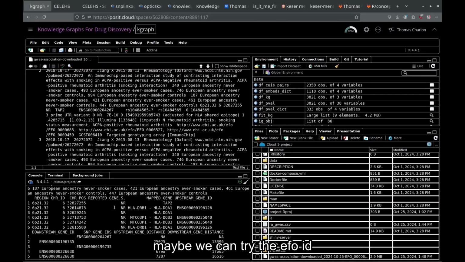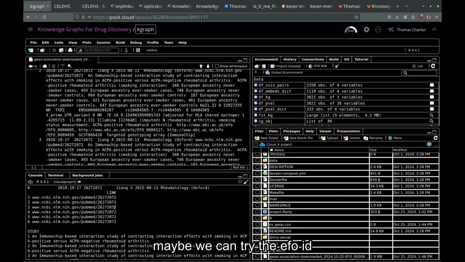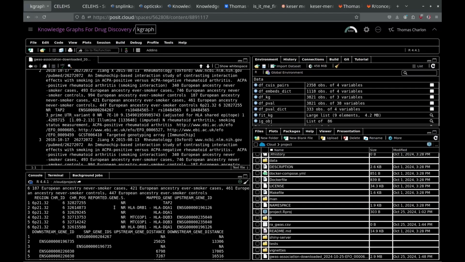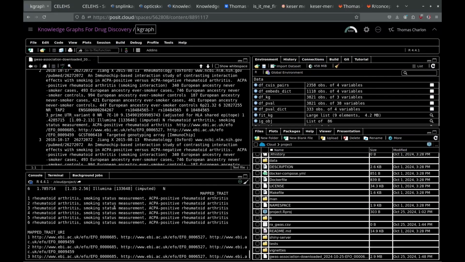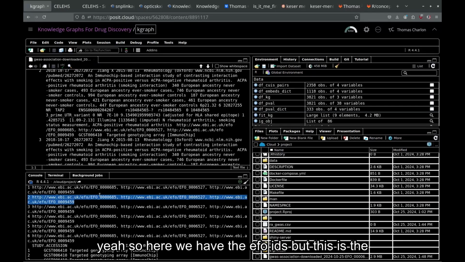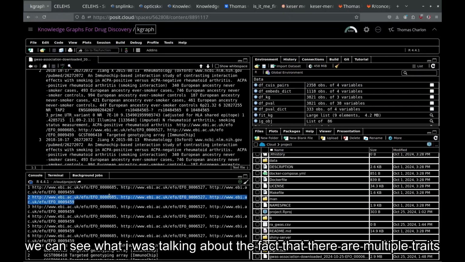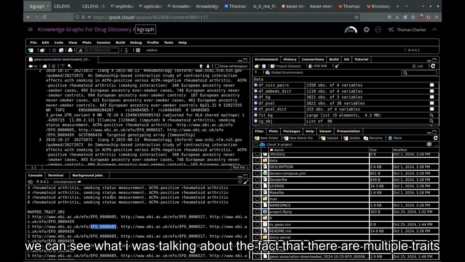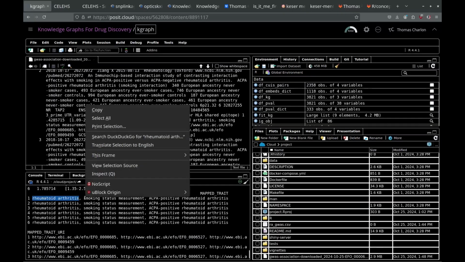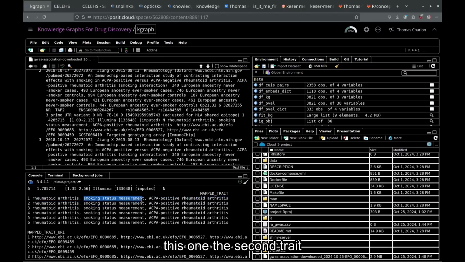Maybe we can try the EFO ID. Yeah, so here we have the EFO IDs. So this is what I was talking about, the fact that there are multiple traits. Here we see the first trait, second trait corresponds here. Rheumatoid arthritis, first trait. This one, second trait.